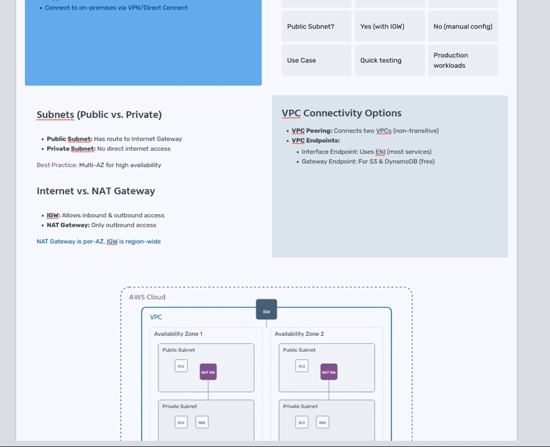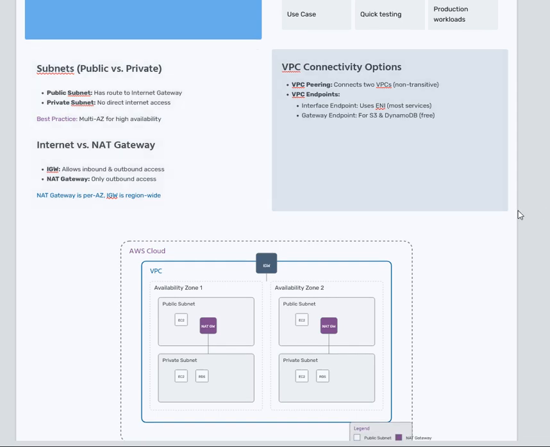And a private subnet has no direct internet access, right? To make sure you have high availability, you use multiple availability zones, right?